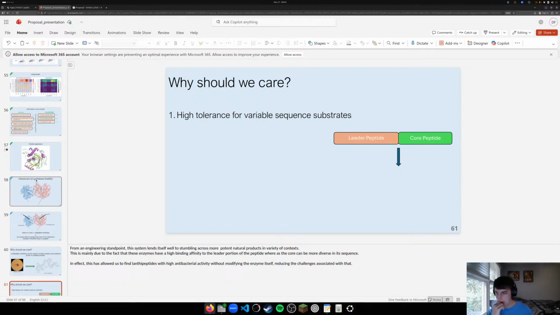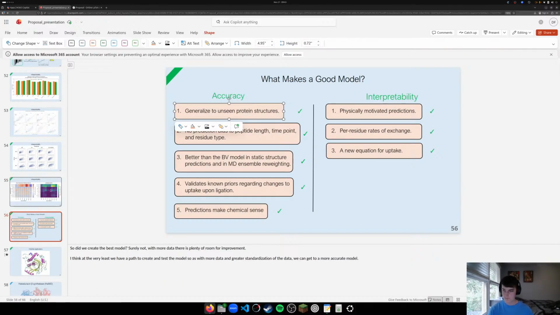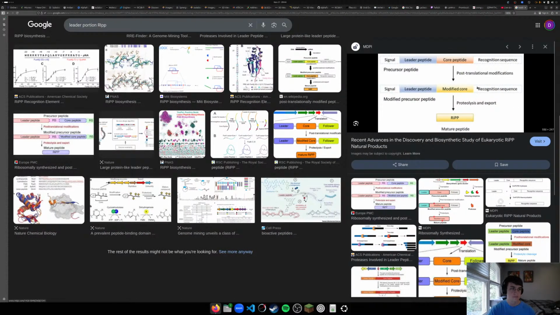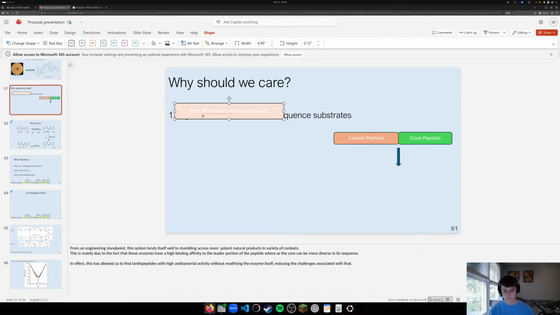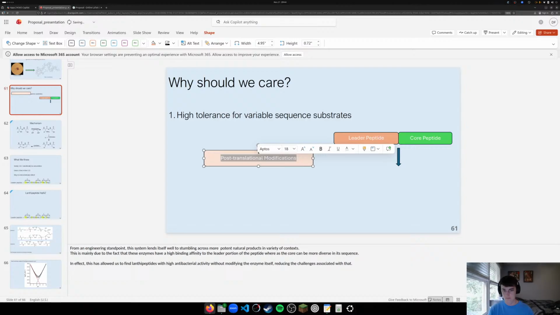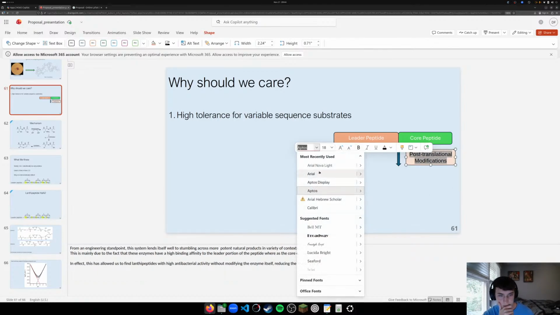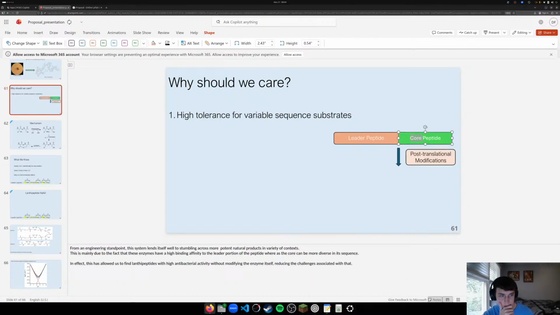Or I could pull something like this off right here. Post-translational modifications.